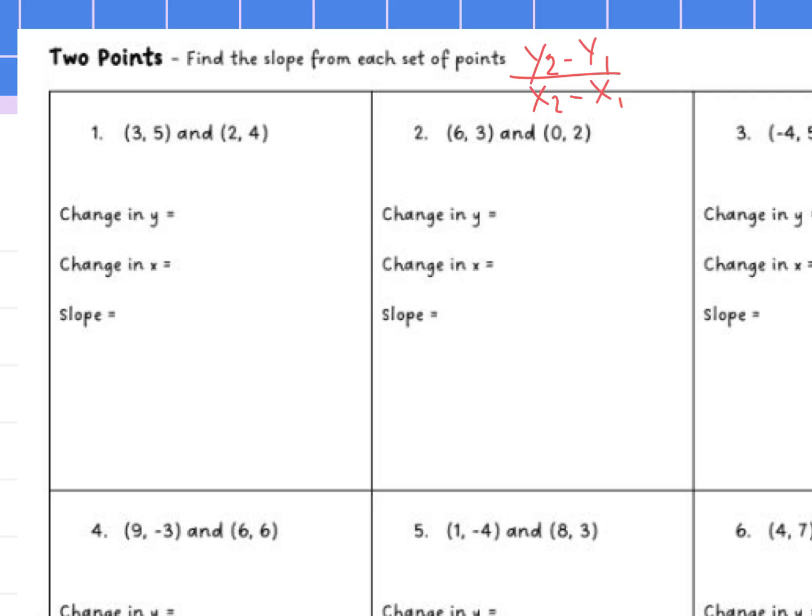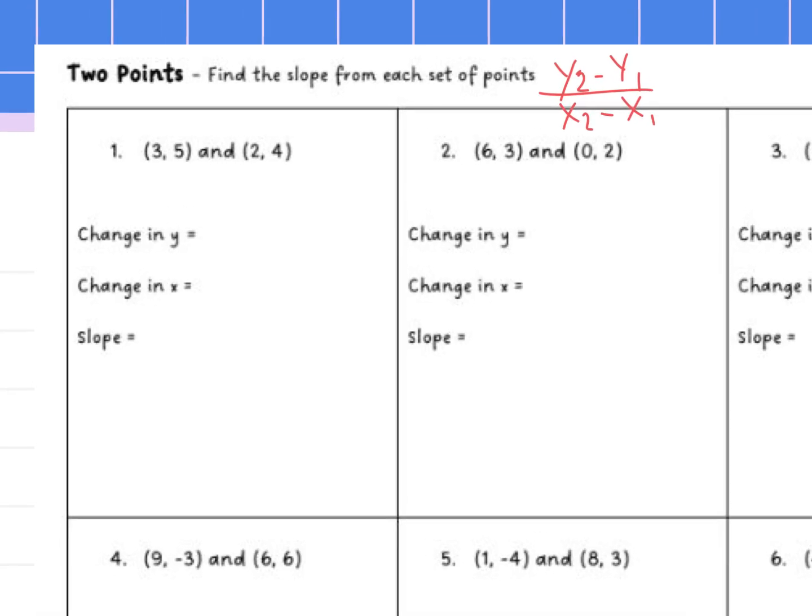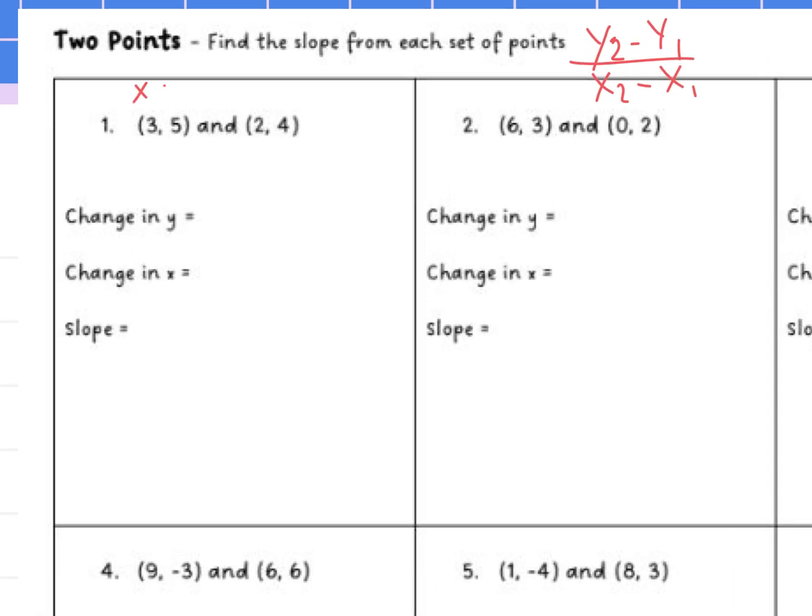If you're not sure how to label them, remember a coordinate always goes x, y. The ones just mean it's the first one, and the twos just mean it's the second one. This is the first coordinate, that's the second coordinate. When you plug this in, be very cautious of that minus. So it says y2.